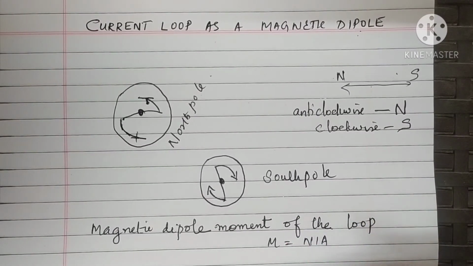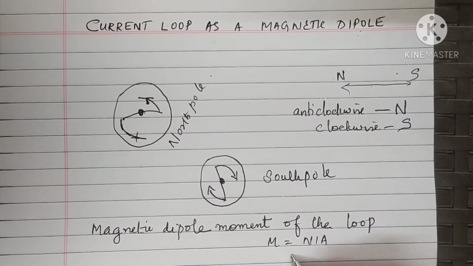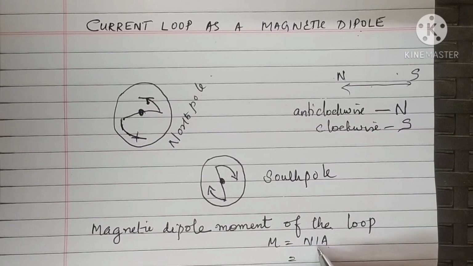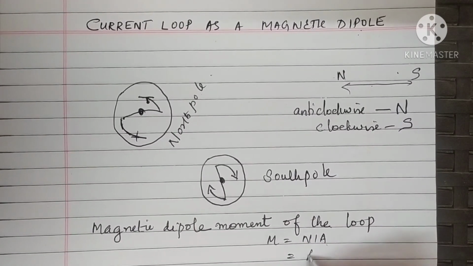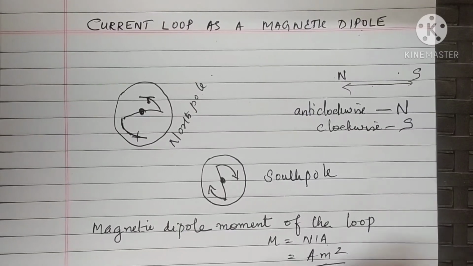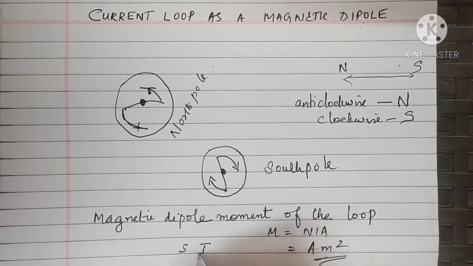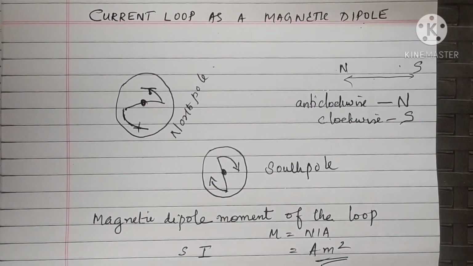So the SI unit is taken as, it is area, right? This is current. So it is ampere meter square. The SI unit of magnetic dipole moment is ampere meter square. Clear for you? So this is all about the current loop as a magnetic dipole.